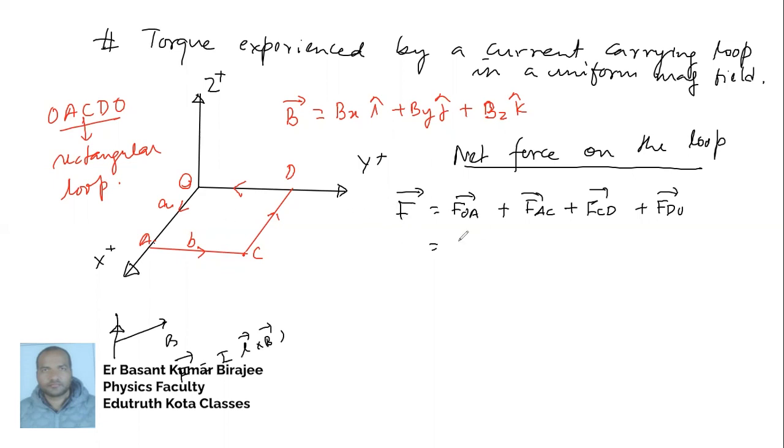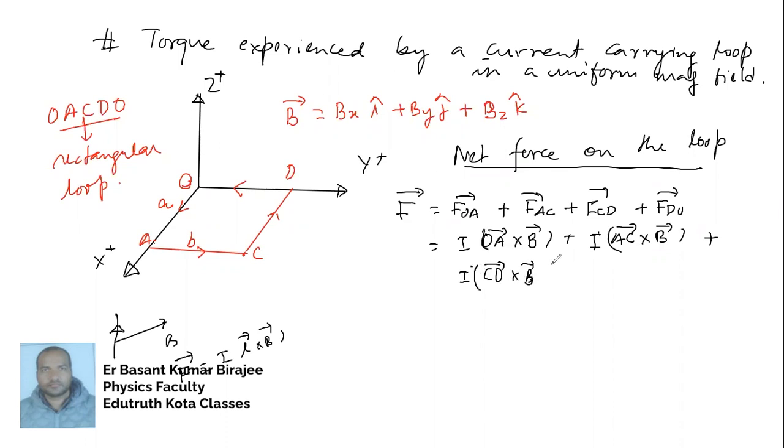We can write current times OA, the length of this arm, cross B vector. Similarly, the force on AC arm will be current times AC vector, the length vector, cross the magnetic field. Similarly, on CD you can write I CD vector cross B vector.